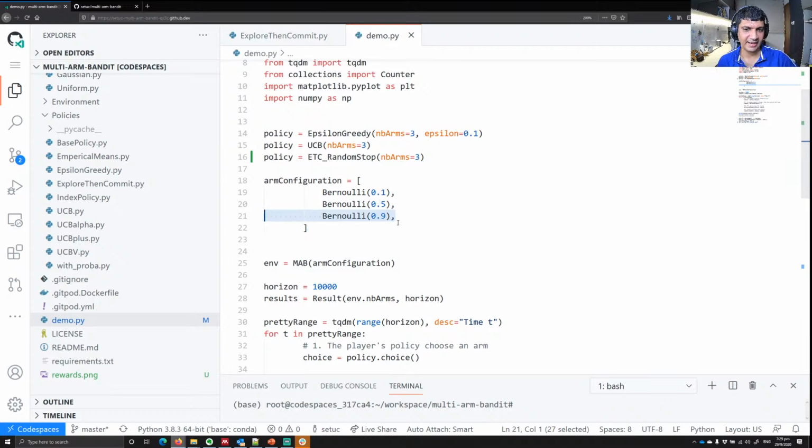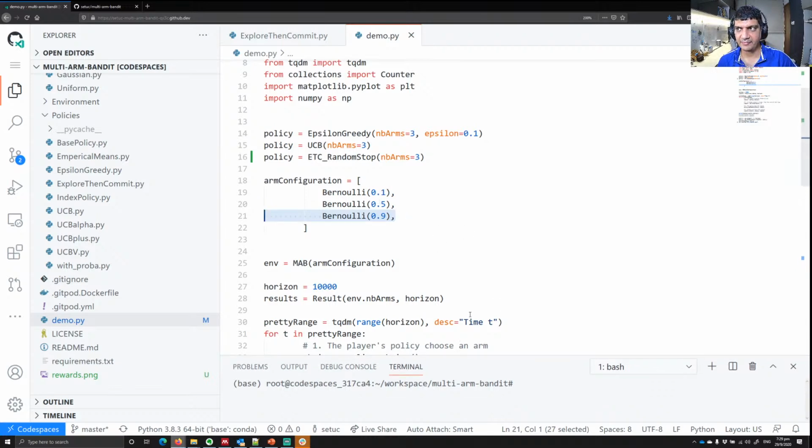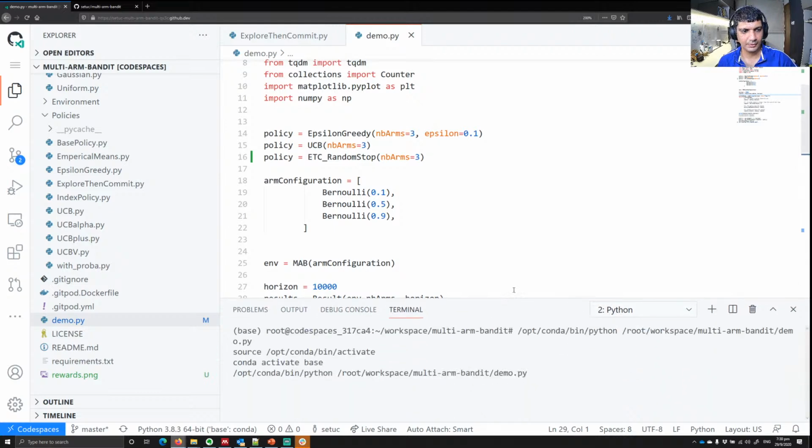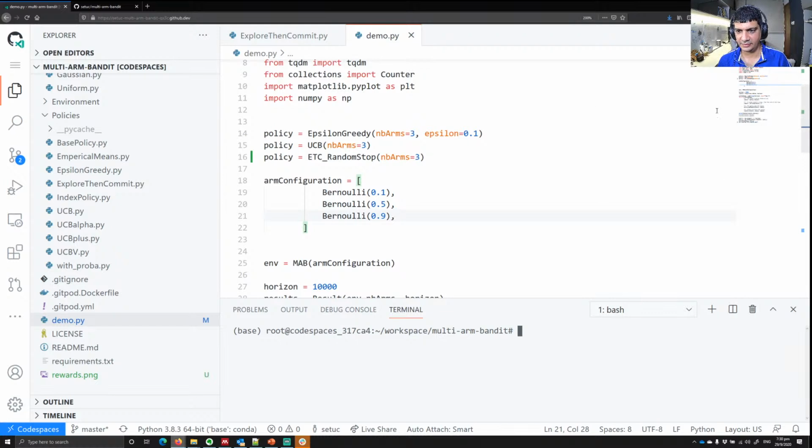But in real life, that's not going to be the case. All right, so I have my code defined. Now let's run through this. Let me kill the terminal and start again.